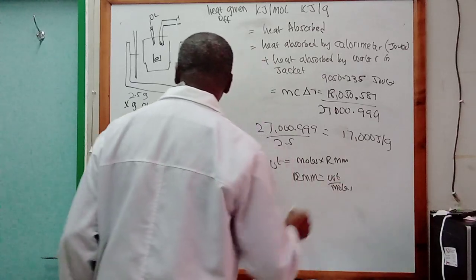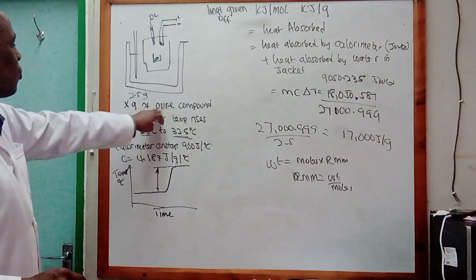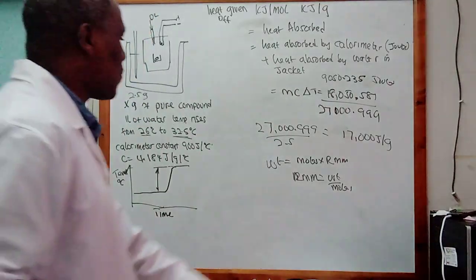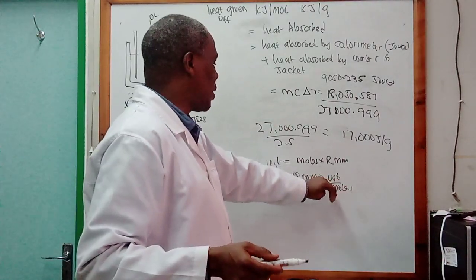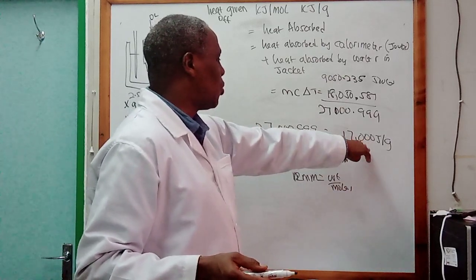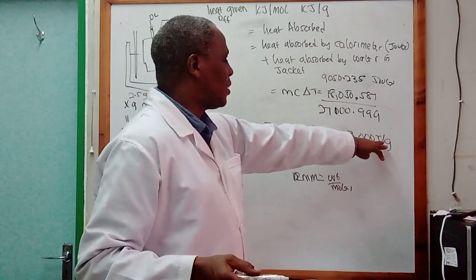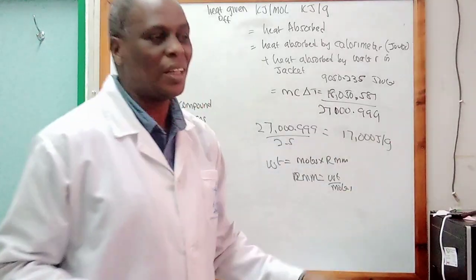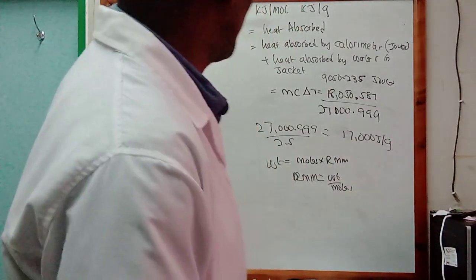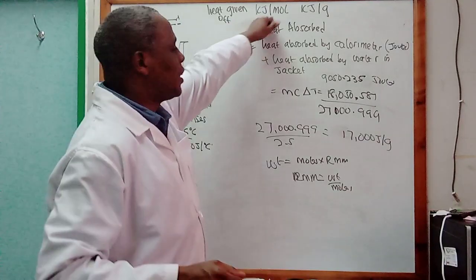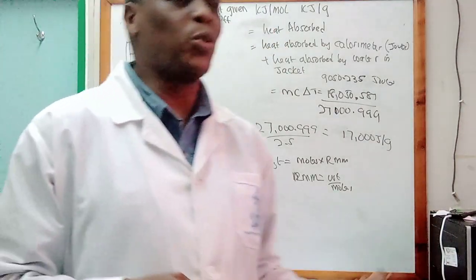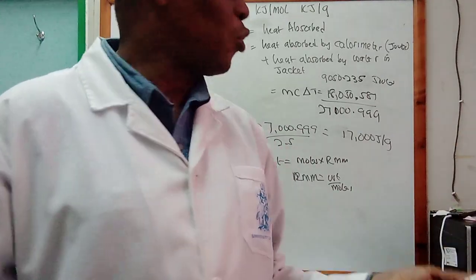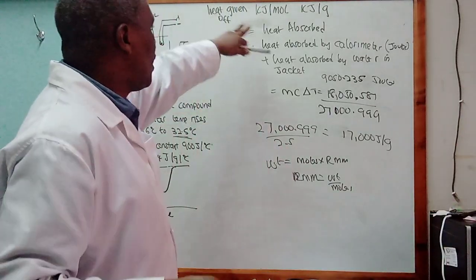So from the weight of the pure compound, you'll be able to determine the relative molecular mass, and then you convert from joules per gram to joules per mole. And if you're told to give it in kilojoules, then you divide by 1,000 to get it in kilojoules per mole.